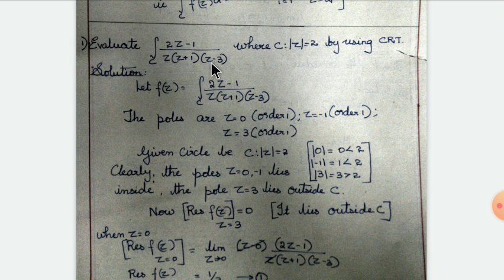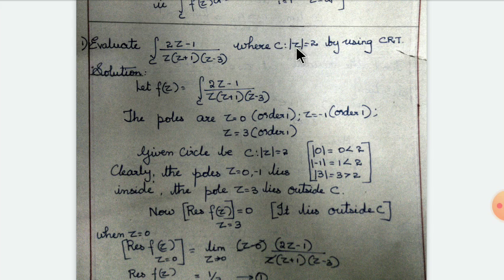Got it? So the poles of f of z are the zeros of the denominator: 0 of order 1, minus 1 of order 1, 3 is also of order 1. So all three are simple poles. Now first check whether these points lie inside the given circle mod z equal to 2. It means the circle whose center is the origin, and the radius is 2.